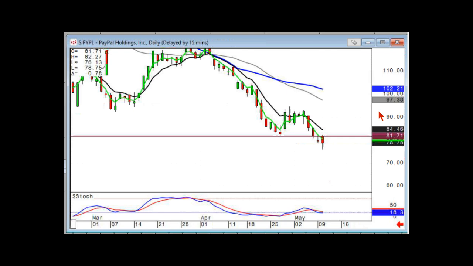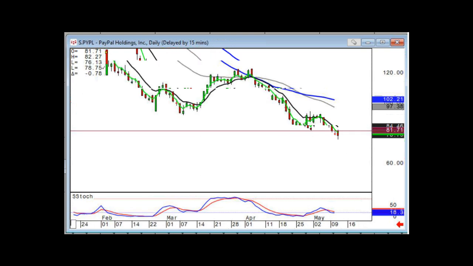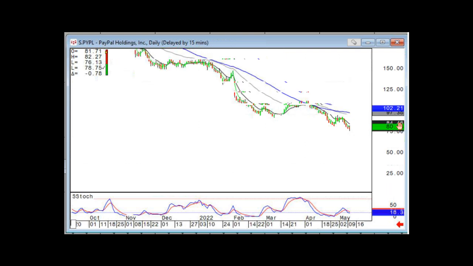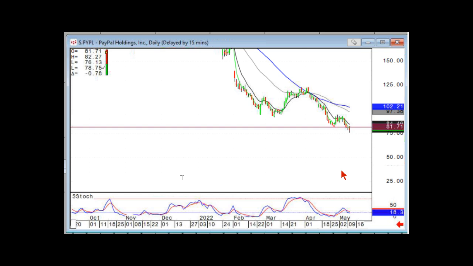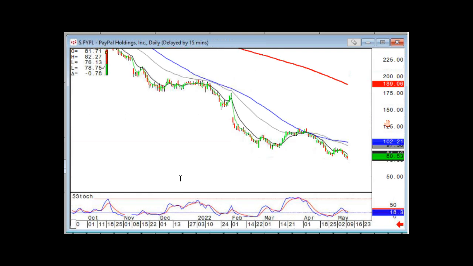Is that a head and shoulders? No, not really. Usually a head and shoulders is at the top. This is just more of a bearish J-hook pattern failure at the 50. So first assumption, you're in a downtrend.